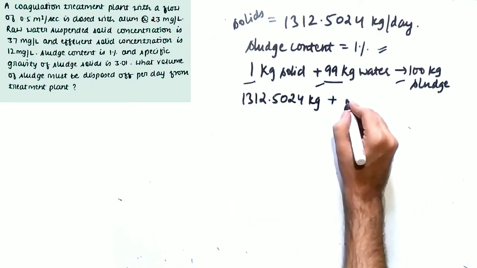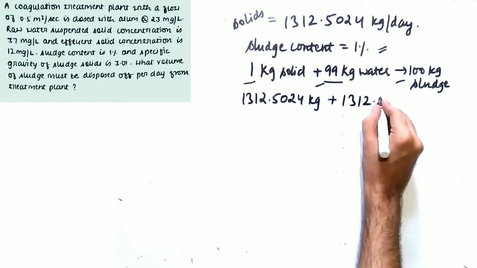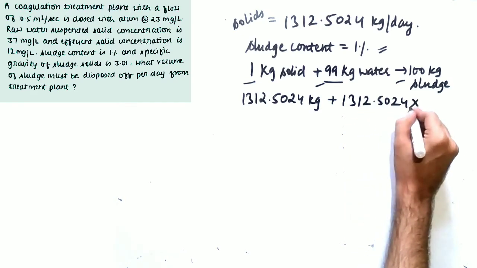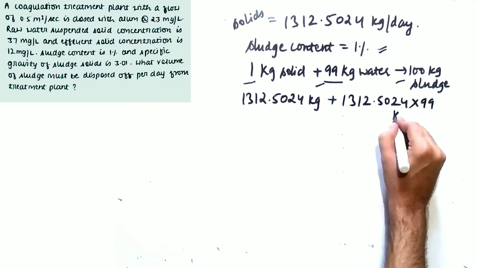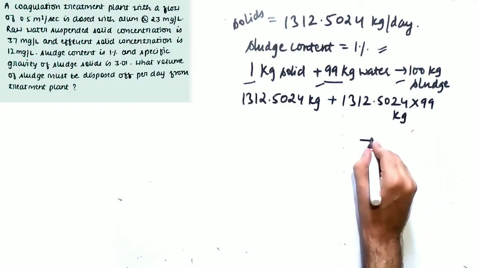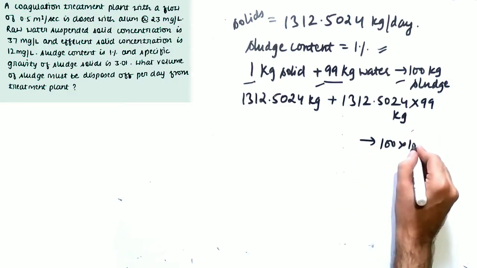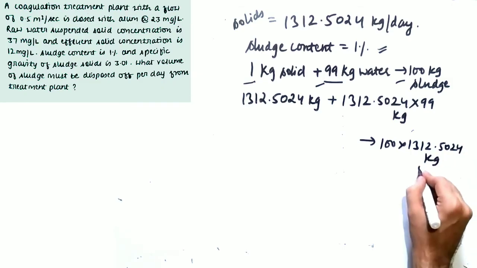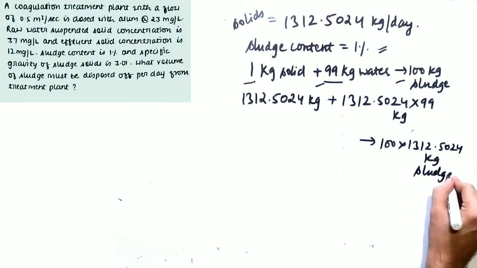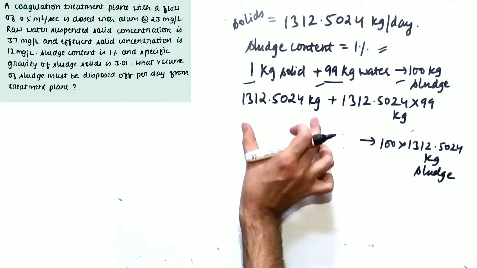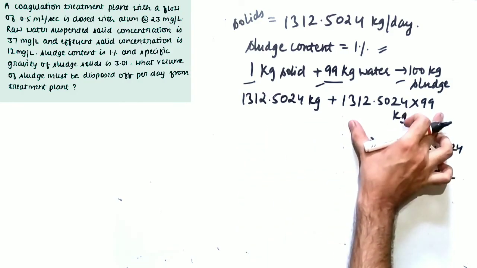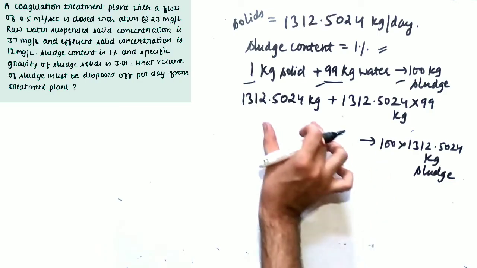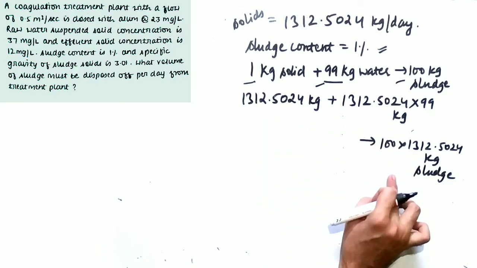So 1312.5024 multiplied by 99 kg of water, and this will give you 100 multiplied by 1312.5024 kg of sludge. This is one part of sludge, this is another part of sludge, and this is the total weight of sludge. When you add this, you will get this particular value.